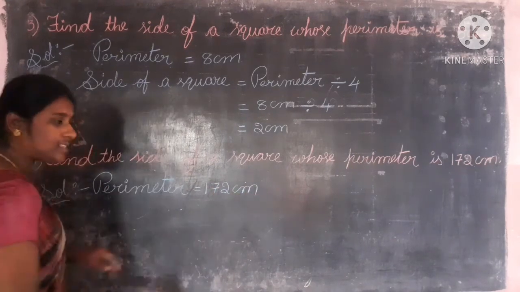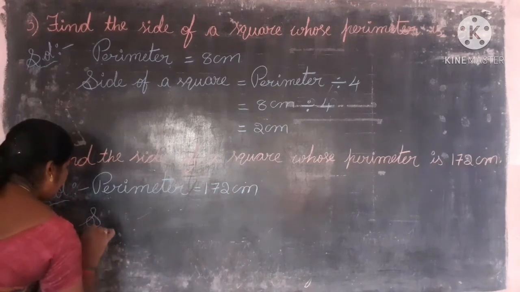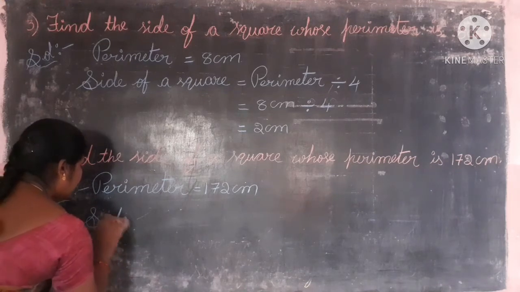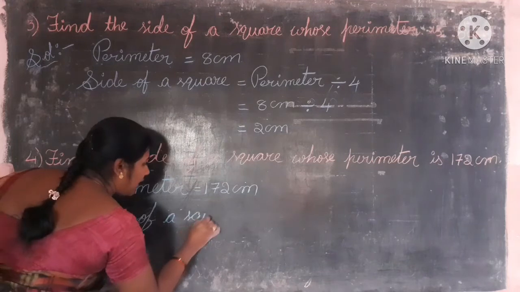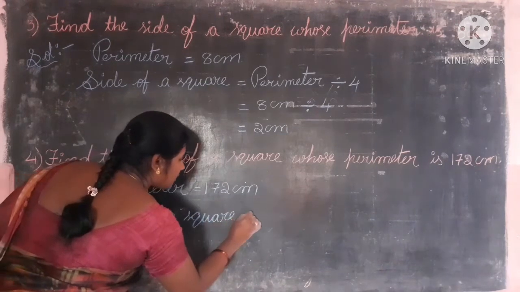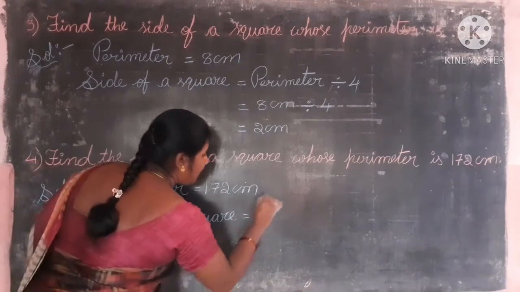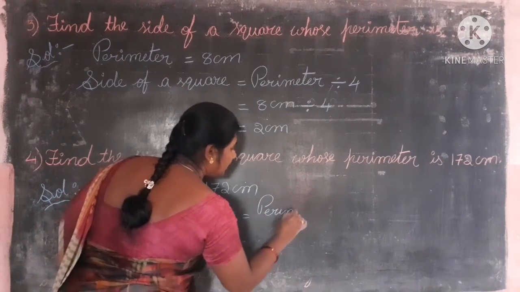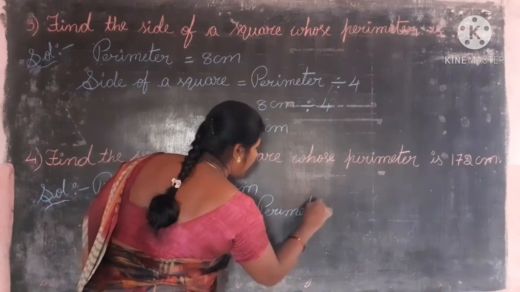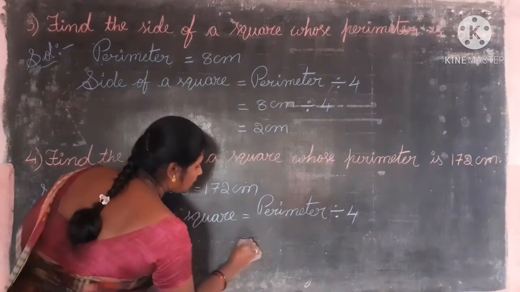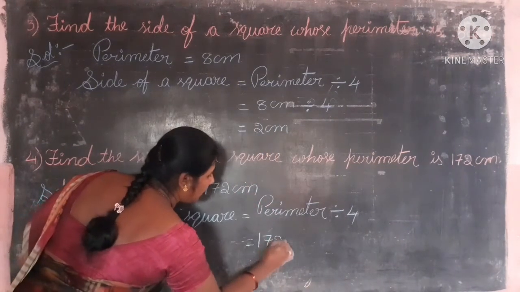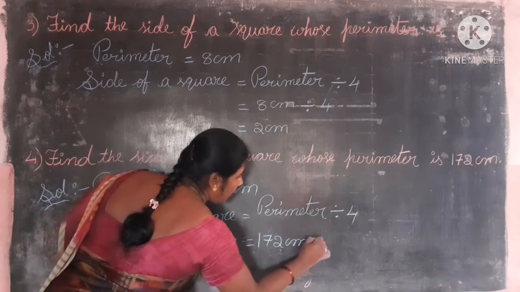We have to find the side of the square. Here also perimeter given, so side of a square is equal to perimeter divided by 4. That is 172 centimeter divided by 4.